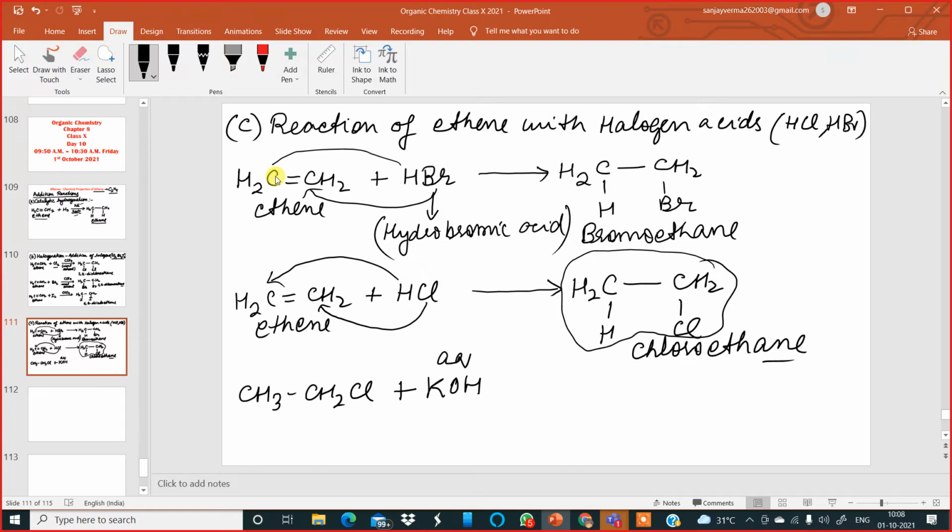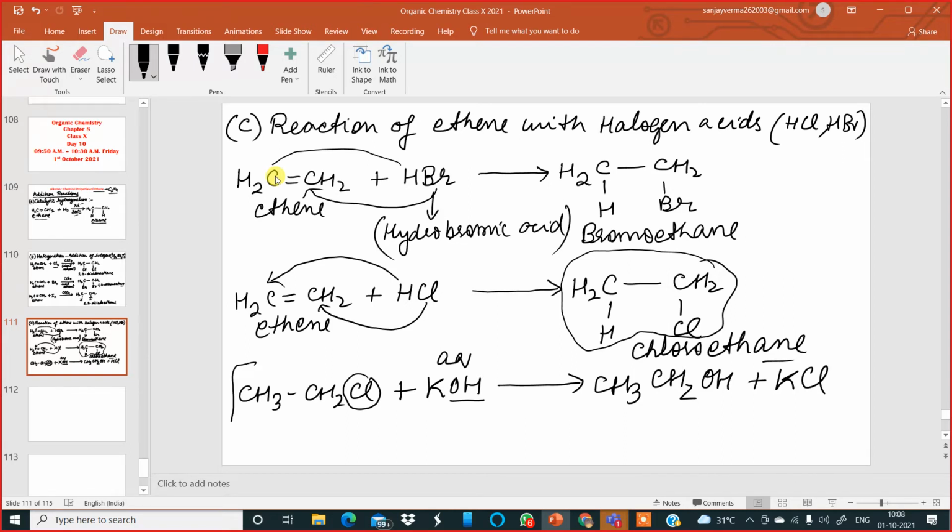Now, this is an example of hydrolysis. Hydrolysis happens where this chlorine gets substituted by the hydroxyl group from potassium hydroxide, where I will get CH3CH2OH plus potassium chloride is formed.